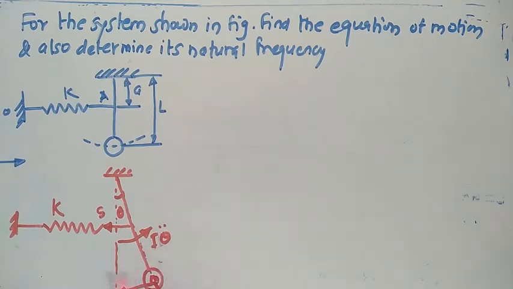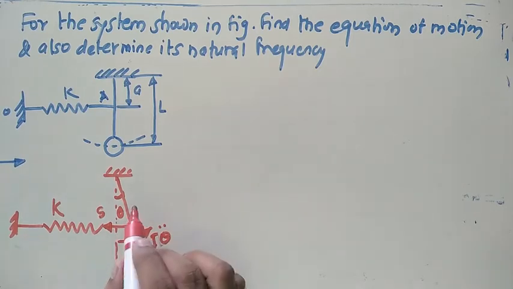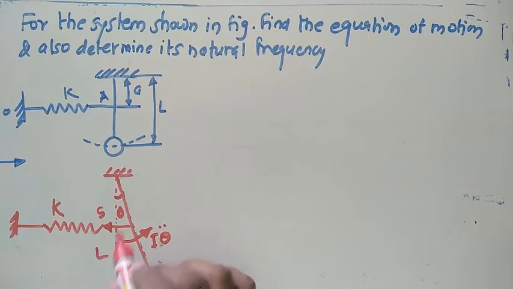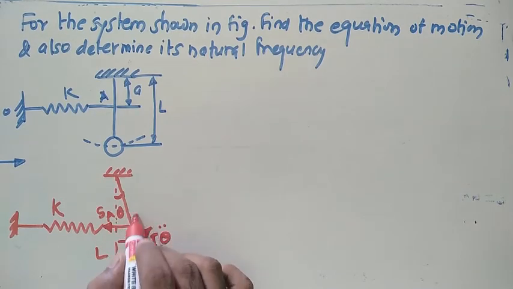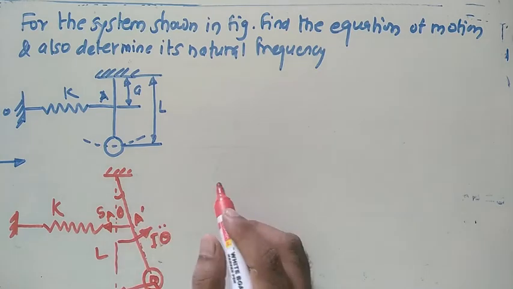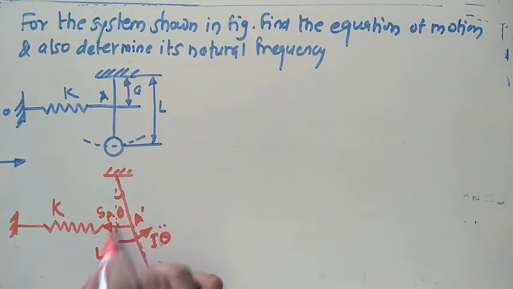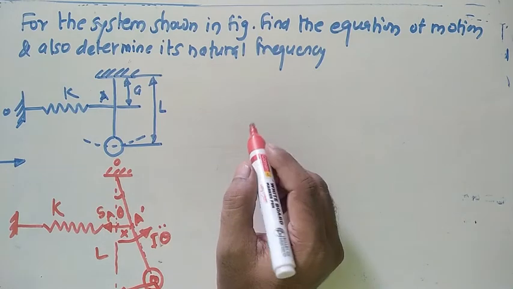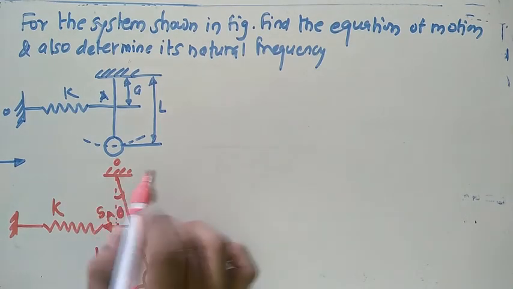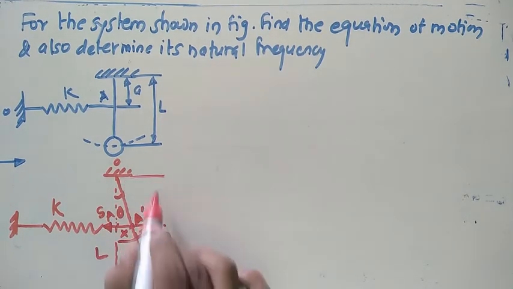The length for this one with us is L. Say this is the A position, and here A dash with us. This small distance, we'll just consider as x. This distance, already given in the problem, is the distance a.